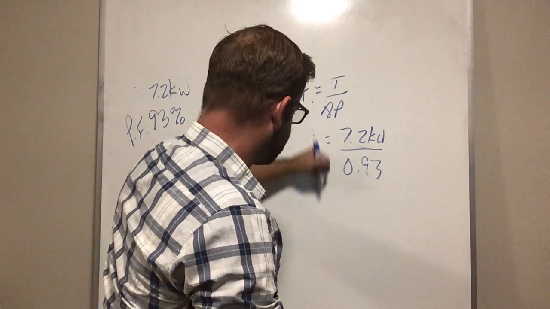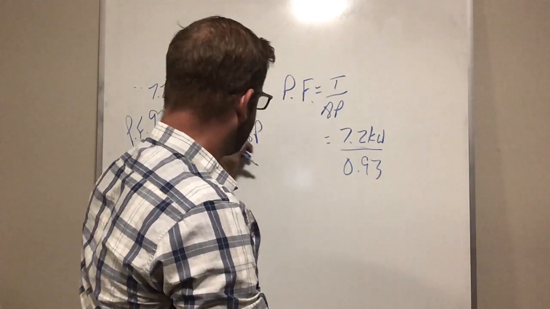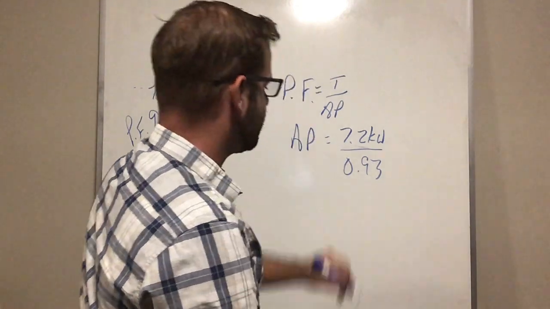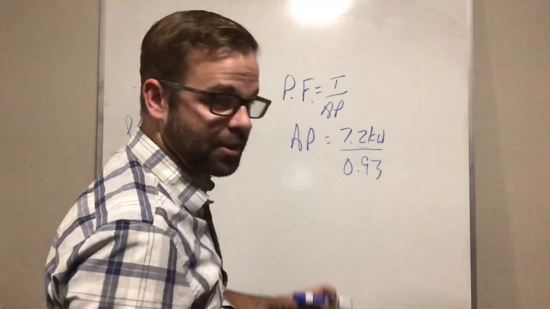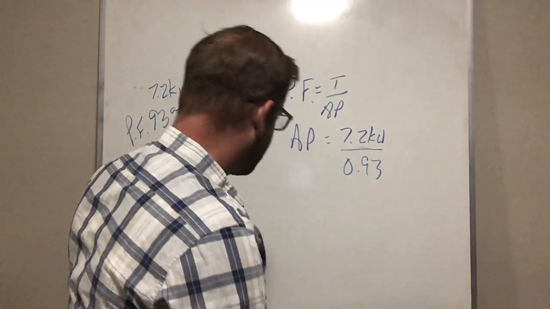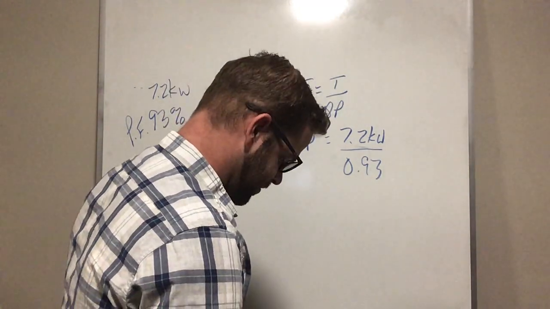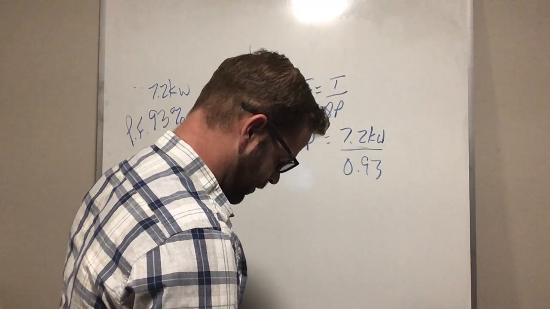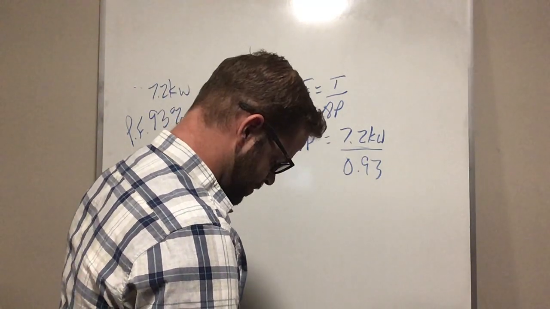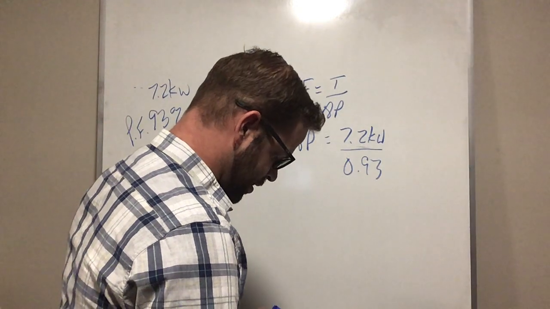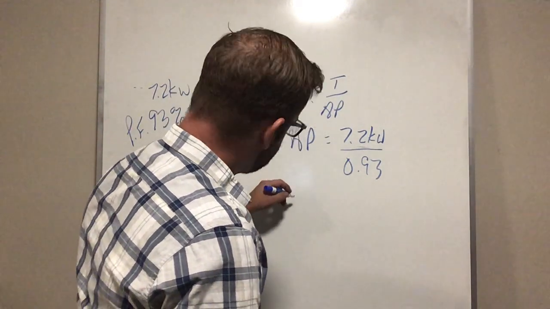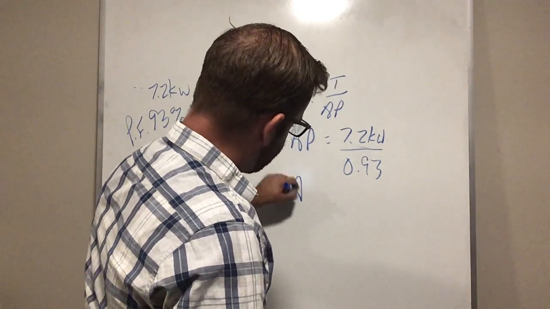So just like I said, you can just swap the apparent power and the 0.93, so it does work. Just do the old swap. So 7.2 kilowatts divided by 0.93 gives us 7.74 as our apparent power.